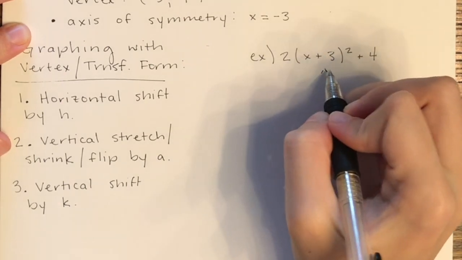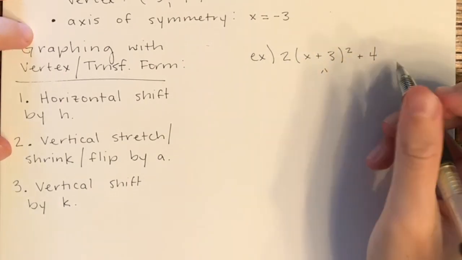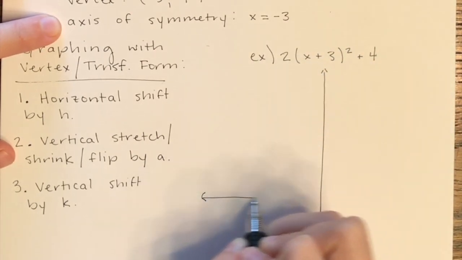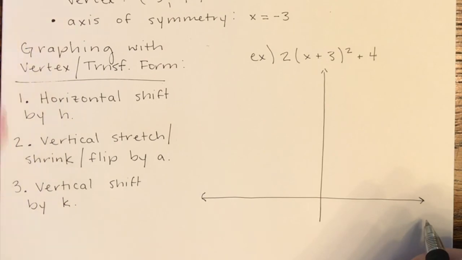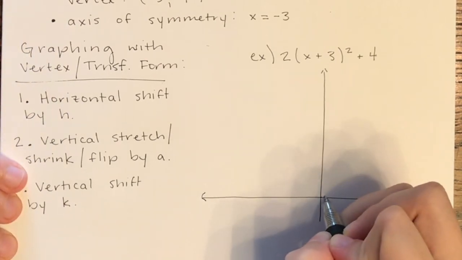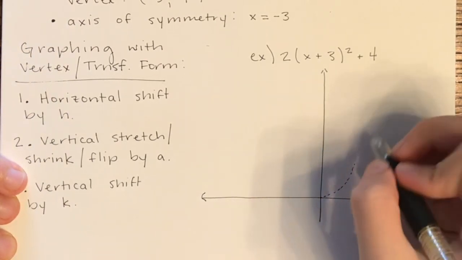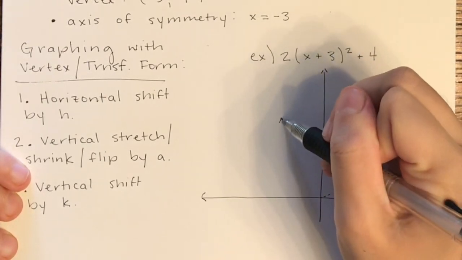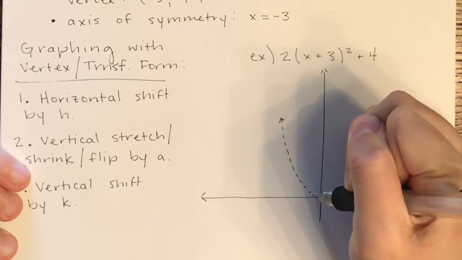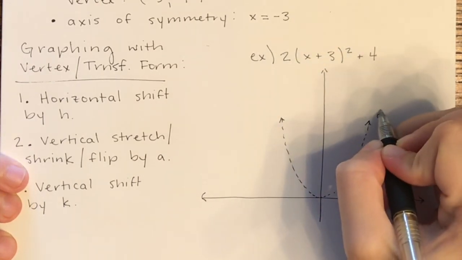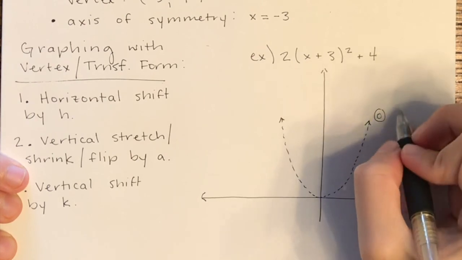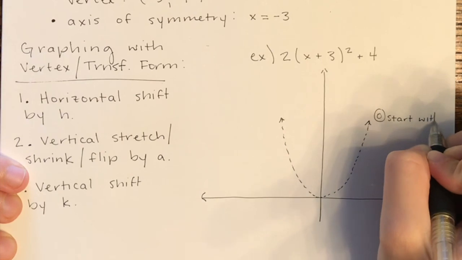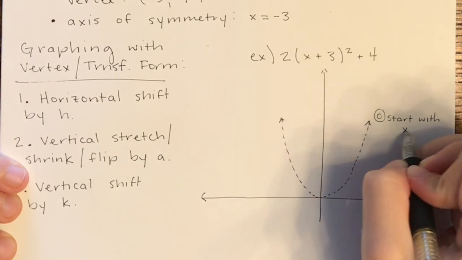So let's do that with this one. Remember, we're initially starting with our regular old graph of x squared and transforming that guy. So that looks like this. This is kind of step 0. We want to start with x squared.